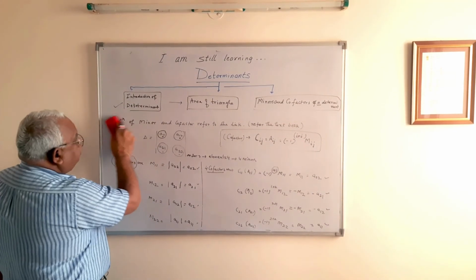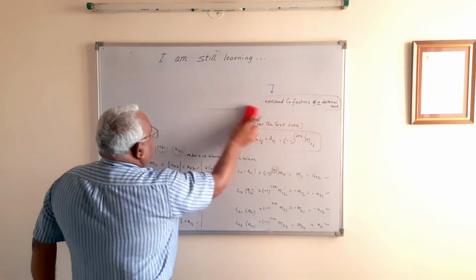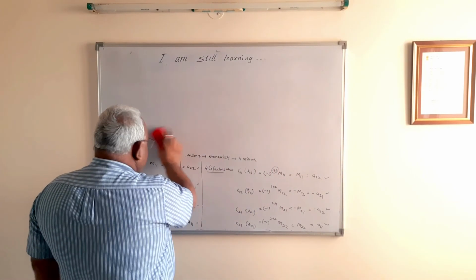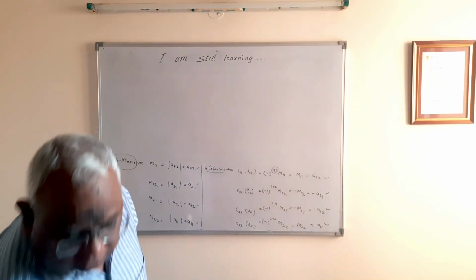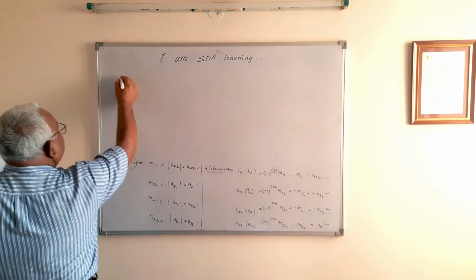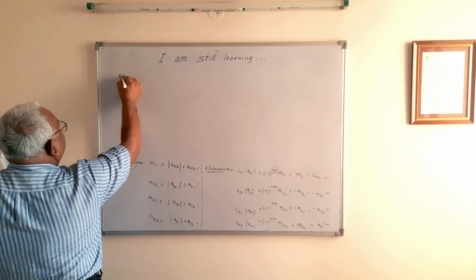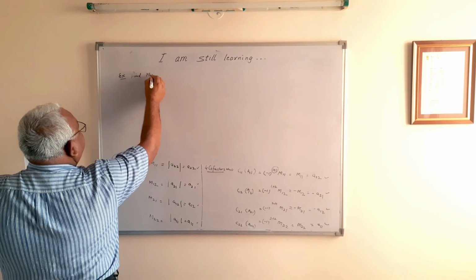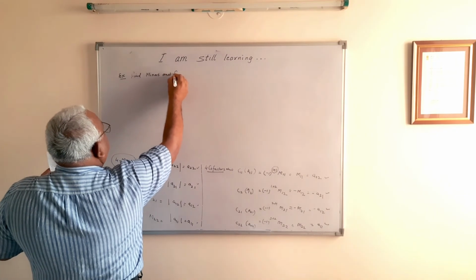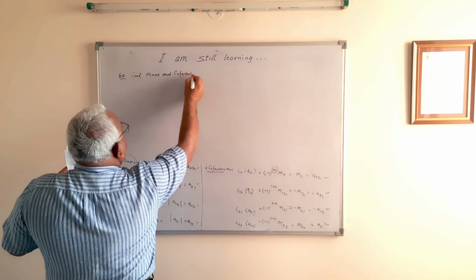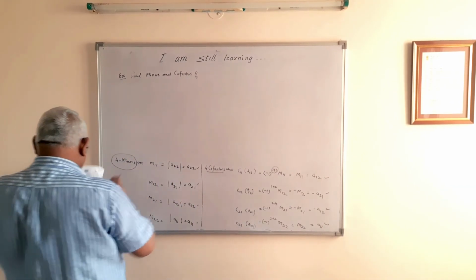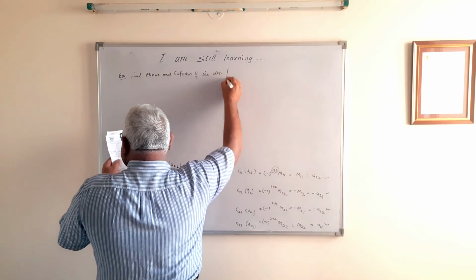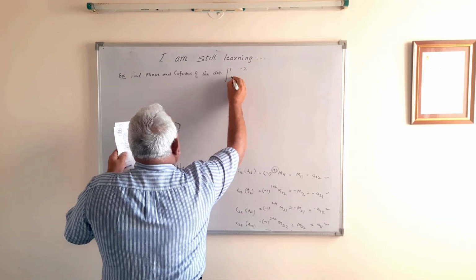I'll rub this because now the theory part is over, since minor and cofactor is already written here. So the example is, let us do it fast: find minors and cofactors of the determinant 1, -2, 4, 3.